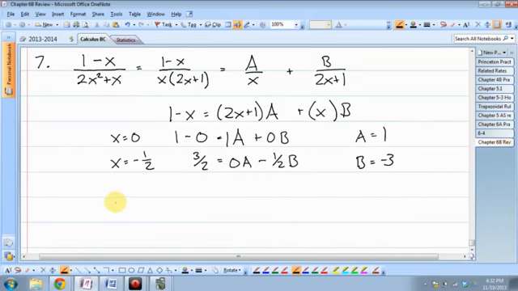So my partial fraction decomposition, 1 minus x over 2x squared plus x, that's going to be equal to 1 over x minus 3 over 2x plus 1.